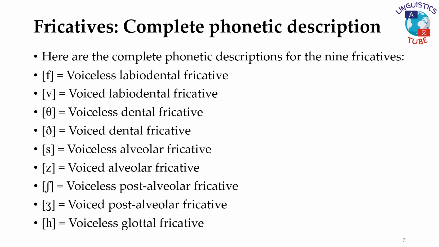In terms of place of articulation, f, v are both labiodental, th, th are both dental, s, z are both alveolar, sh, zh are both post-alveolar, and h is glottal.